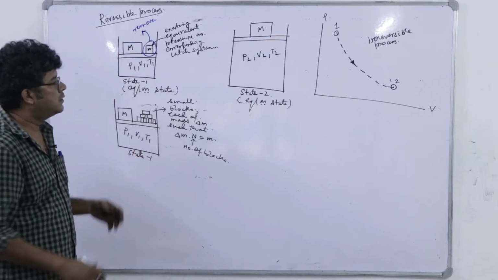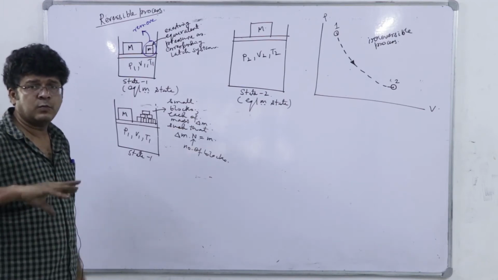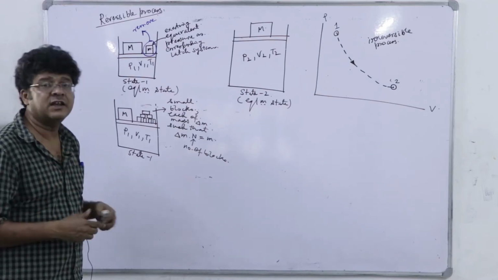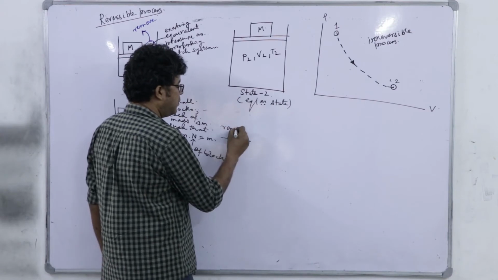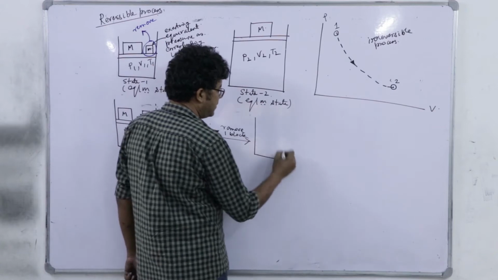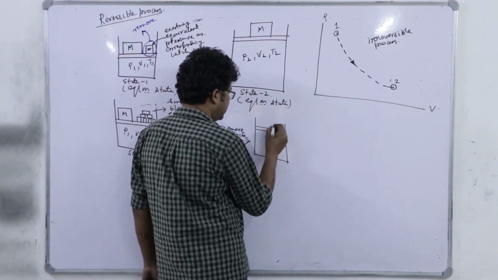Right. Now, we go on removing the block one by one and allowing enough time for the system to settle in an intermediate equilibrium. That means, if I remove one block, then there will be some intermediate position.